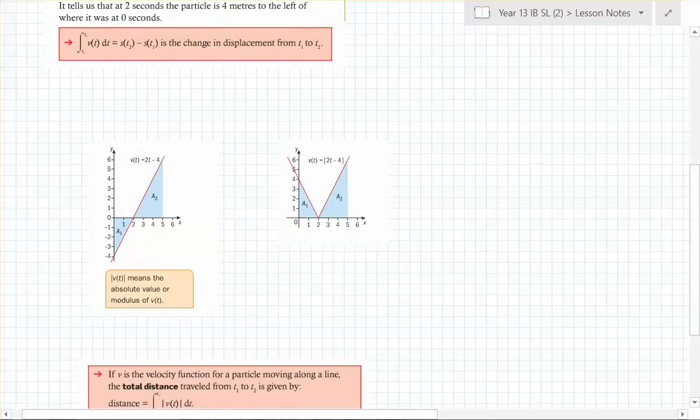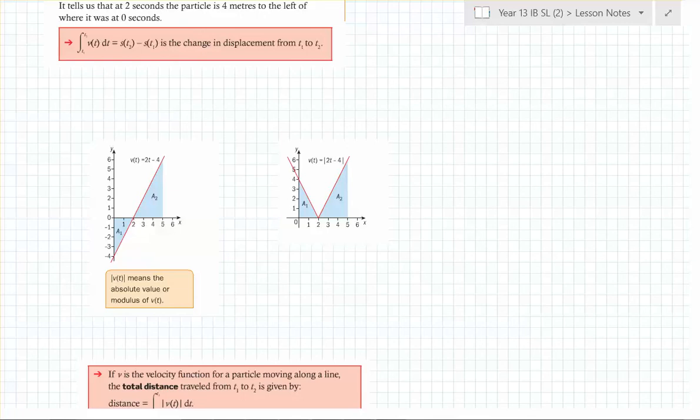Alright. So we started off with this function, which is t squared minus 4t plus 3. That leads us to this velocity function of 2t minus 4. Now you're happy with the 2t minus 4 for velocity.